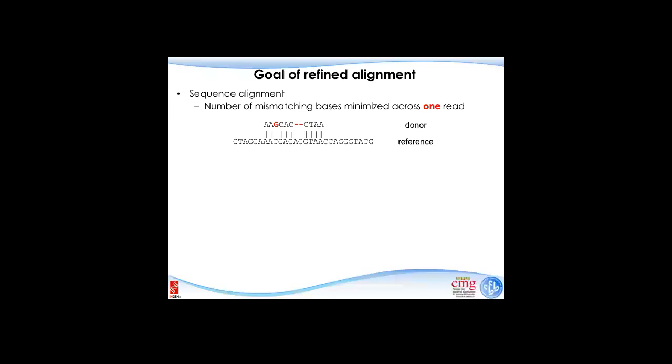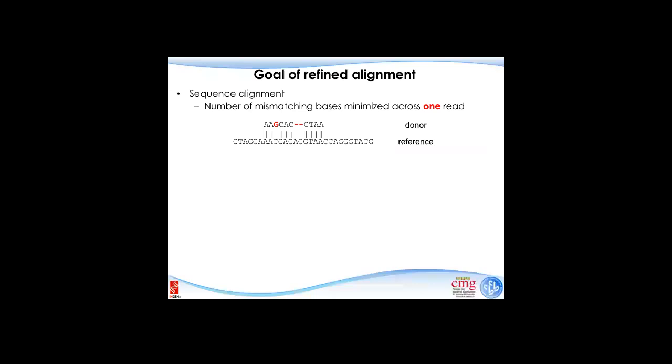Let's say this is your reference genome, and this is the sequence you just got from a donor. You want to make sure that the number of mismatches is minimal within this one sequencing read. Does that make sense?